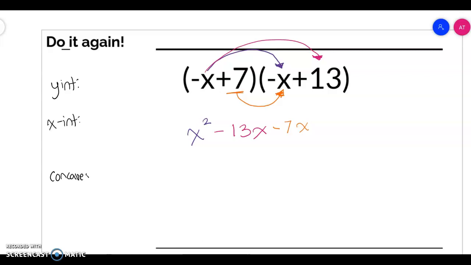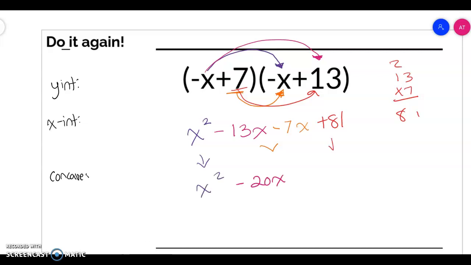And our very last term here is 7 times 13. If you didn't know, you can write it off to the side, which is 91, because two positives make a positive. Now I'm going to combine my negative 13x and my negative 7x, and that's going to give me what? Let's see. 13, 14, 15, 16, 17, 18, 19, 20. I'm going to get negative 20x because they're both negatives and it's becoming more negative.